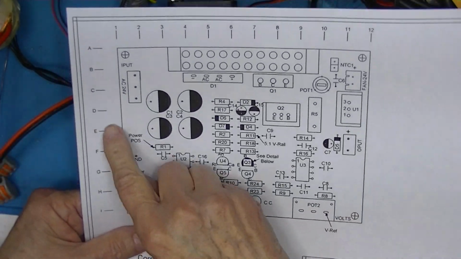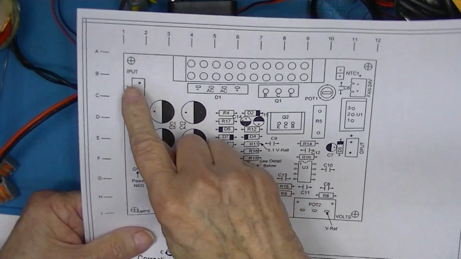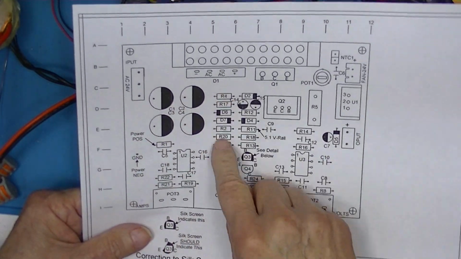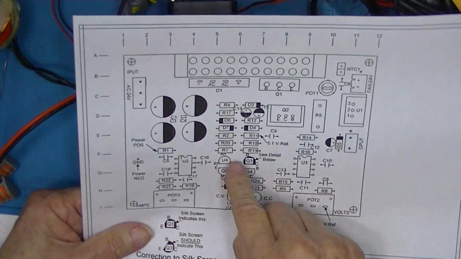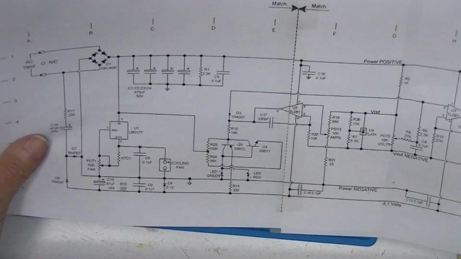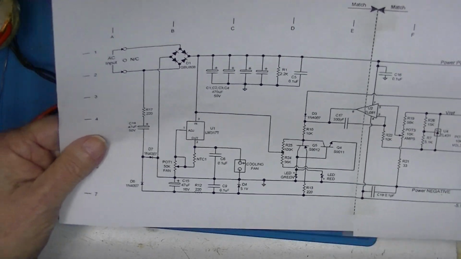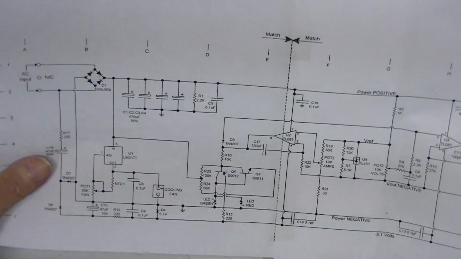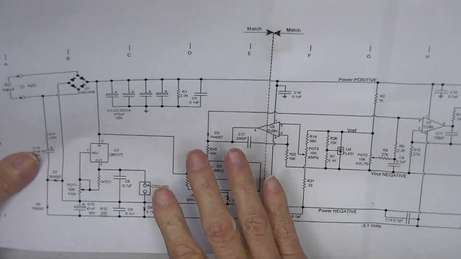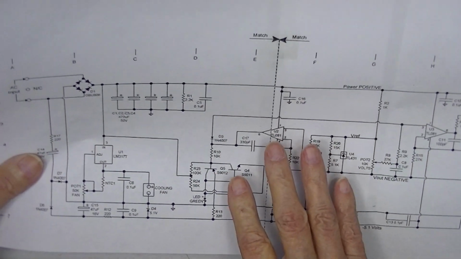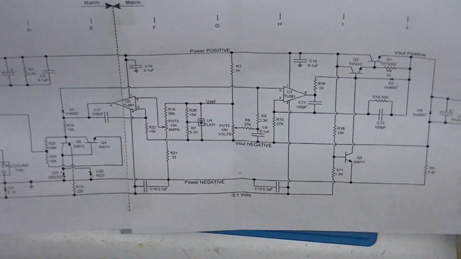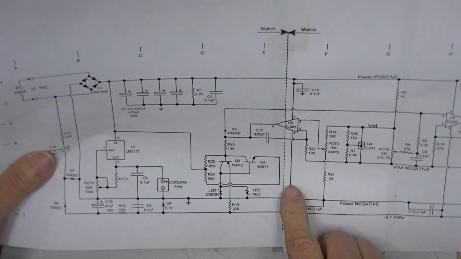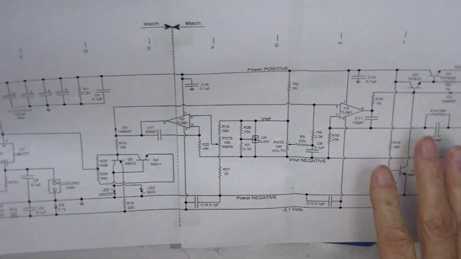I've also put XY coordinates on here, and they'll be referenced on the parts list so you can easily find the location of anything you want to find. I also will neaten up the schematic a little bit. It also has XY coordinates, and I'll have an 8.5 by 11 version of this. And this is a double wide version. You have to print it twice, cut it once on the match line, line them up, and you'll have a bigger schematic.